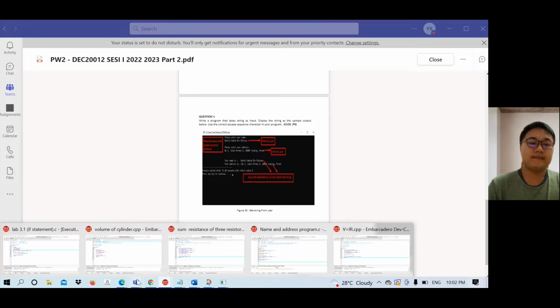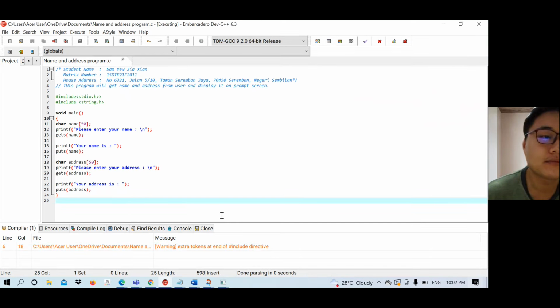And now we get to the name and address program. In this program, I had to include string.h, and use gets and puts. So as this is just a program, I can write 2 of them, name and address, with gets and puts.